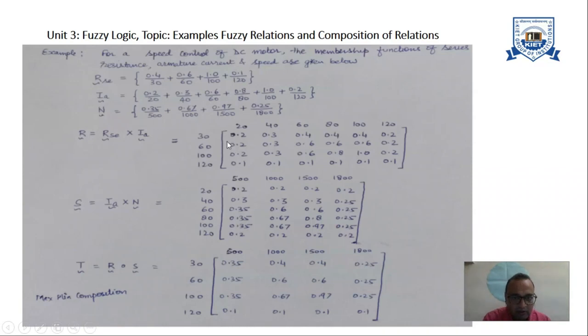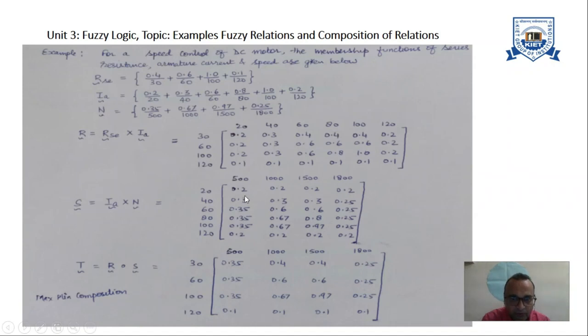See here how it is happening. For 30, if I am coming to 20, its value is 0.2, and from 20 to 500, its value is 0.2. So the minimum will become 0.2, right? If it is going through 30 and then it is 0.3, the minimum is 0.3. If it is coming to 0.4, and from 60 it is 0.35, now the minimum value is 0.35. Then 0.4, 0.35, the minimum value is 0.35.